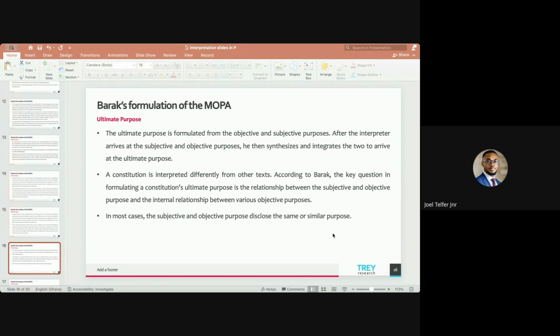When they coincide, you have your ultimate purpose, and you are fine. It is when they differ that you are faced with some challenges, and we'll go into how to navigate those challenges. But ultimately, it's important to understand that a text is capable of a subjective purpose and an objective purpose. And when worked together, it brings you the ultimate purpose.